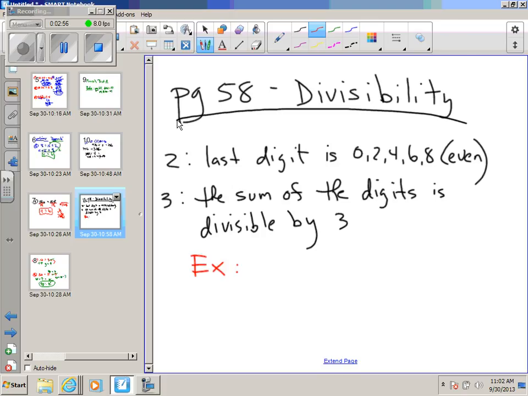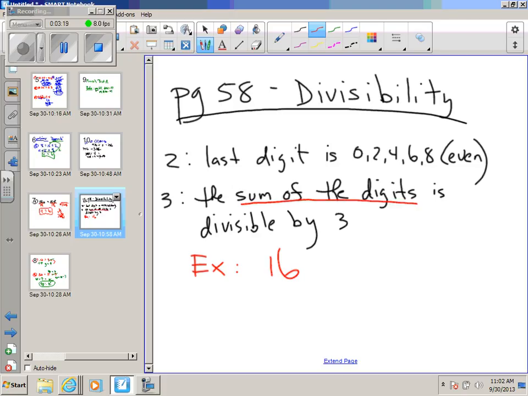So let's do an example or two. Someone give me a 2-digit number. Yes, Tassan. 16, okay? If I look at the number 16, I need to find out if it's divisible by 3. I'm going to take the sum of the digits.